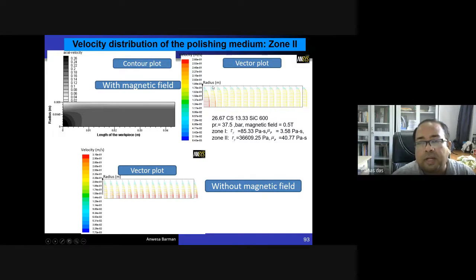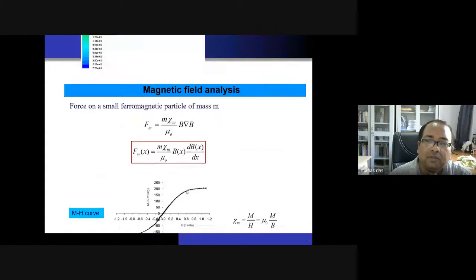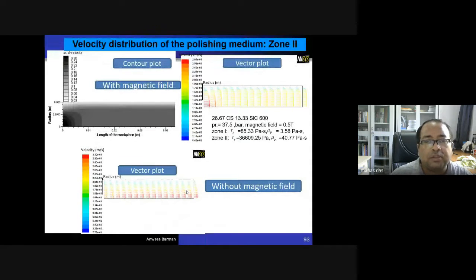It helps scoop up surface undulations from the workpiece surface in the finishing zone. Without the magnetic field, you can see this kind of parabolic profile. Up to this point is our CFD simulation. After that we have done the magnetic field simulation.